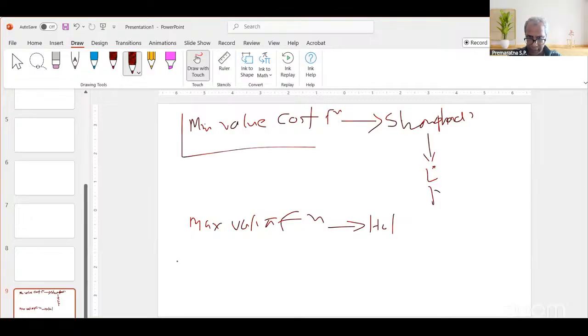In the exam I'll ask either one of these: either derive the minimum value cost function and, through Shephard's lemma, or the maximum value profit function and, through the Hotelling lemma. That I'll ask.